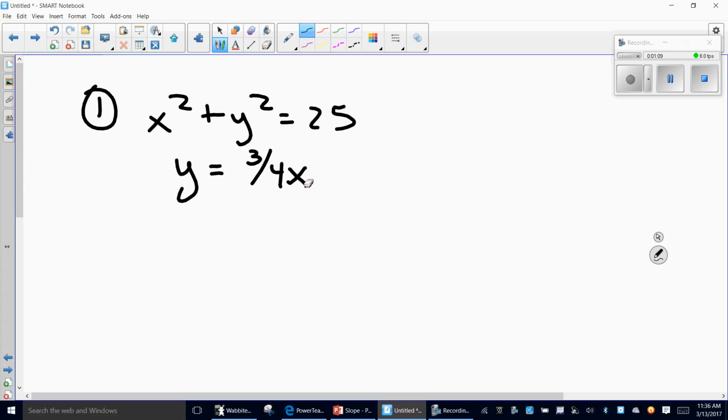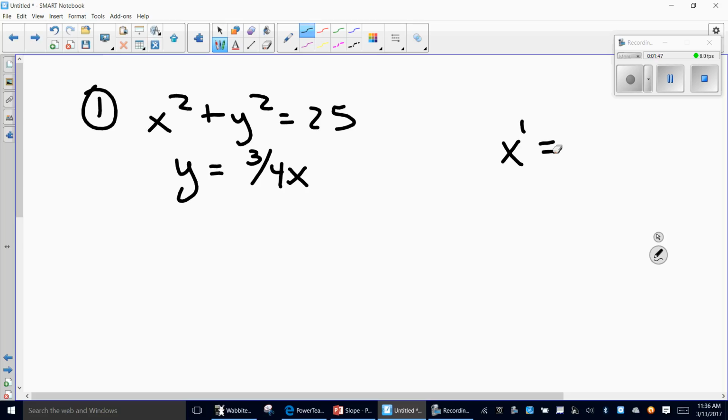All right, so we are catching up on nonlinear systems, and we're going to look at a couple of examples, and I want you to understand a couple things. First of all, you need to understand what shape you're looking at. If we see an x to the first power, what kind of equation is it?